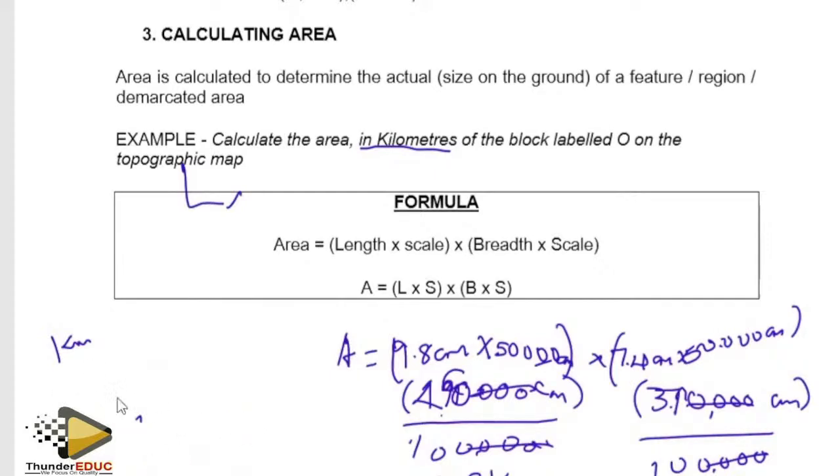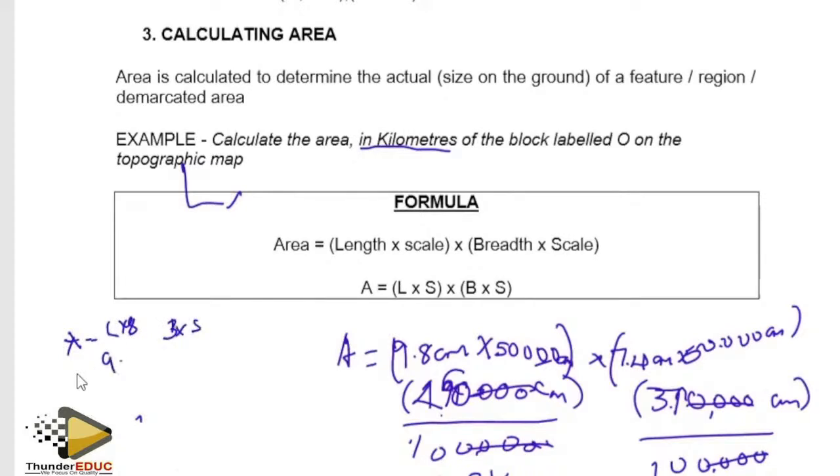That's why I'm giving another option. The other option is that area is equal to L times S into B times S.